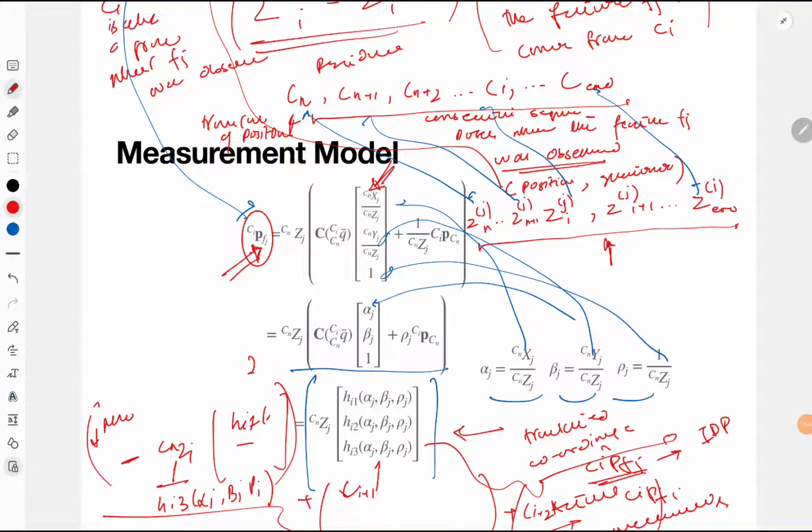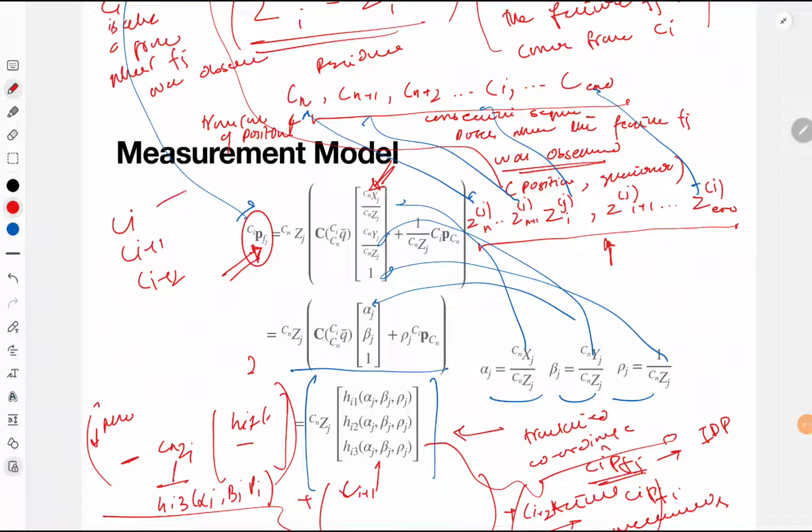You could get an initial estimate through triangulation for your optimization, but essentially you're figuring out what, according to this equation, the coordinates of the feature should be when you translate it from the very first pose to these different Ci plus 1, Ci plus 2 poses.